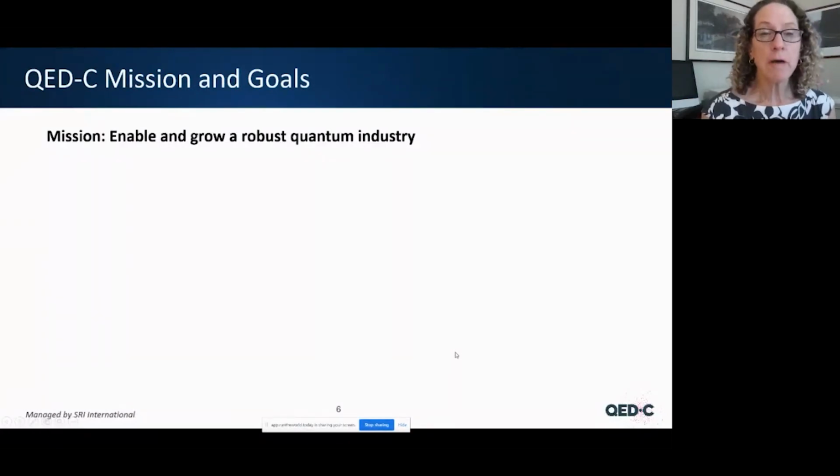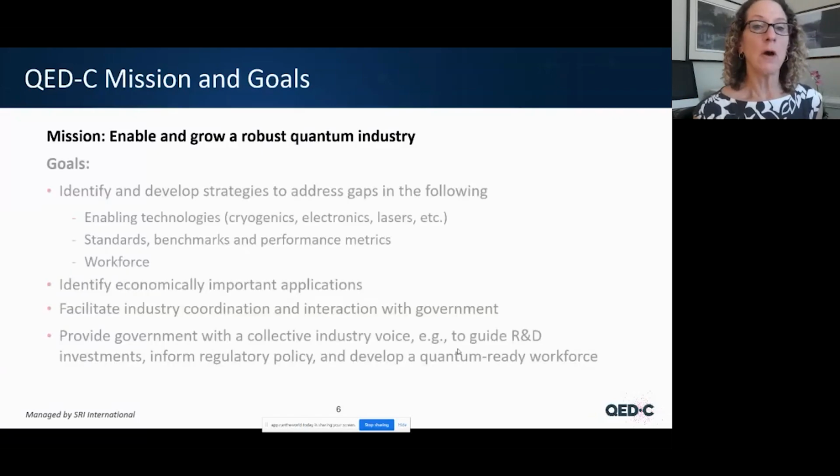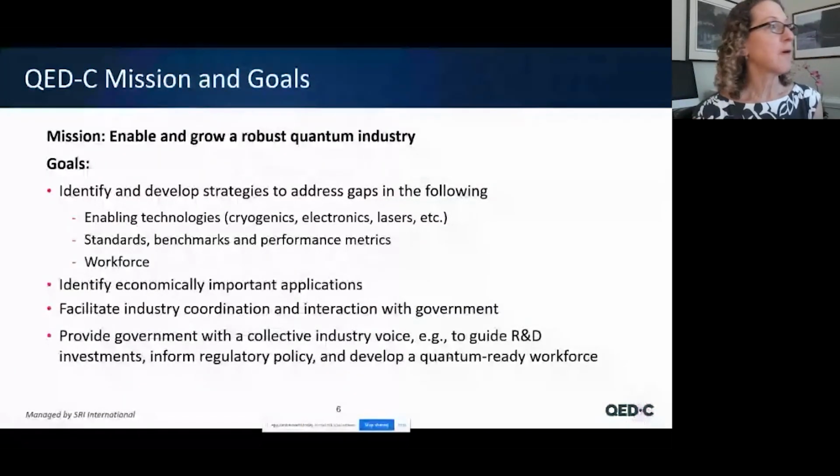So the mission of the QED-C is very simple: to enable and grow a robust quantum industry. In order to achieve this goal, we have a number of purposes or goals inside that. The mission is going to be reached by achieving these goals.